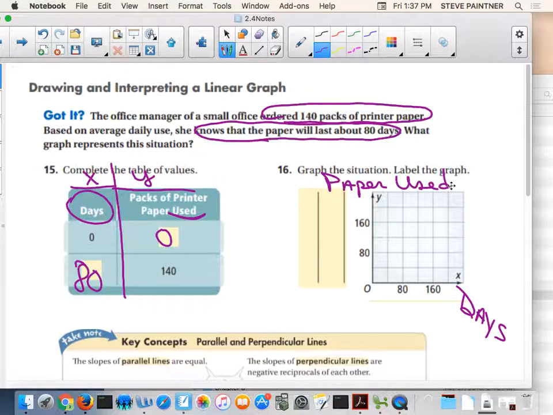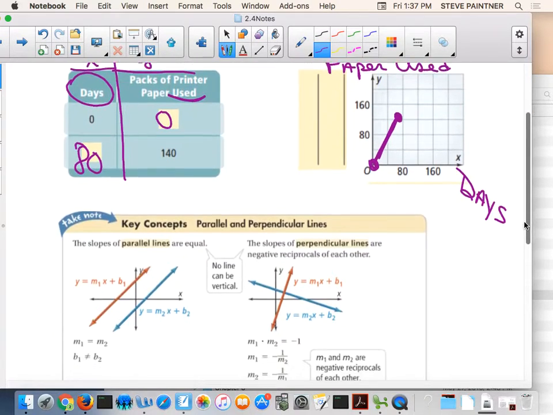So 0 days, nothing being used. Right here, 80 days go by, 140 packs of paper being used. So that's about how the line would look. Okay? Is that what you did? Maybe you did, maybe you didn't. I don't know. But that's kind of you just reading it and making sense of it, and there we go.